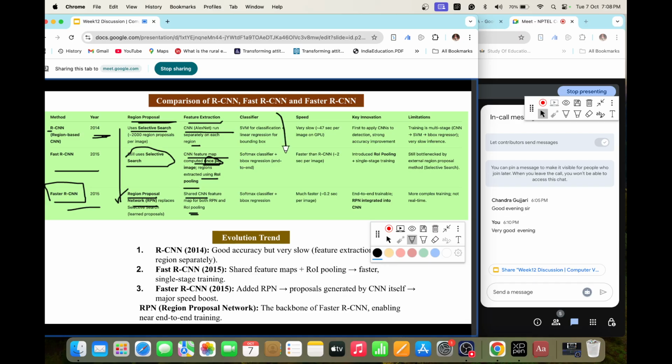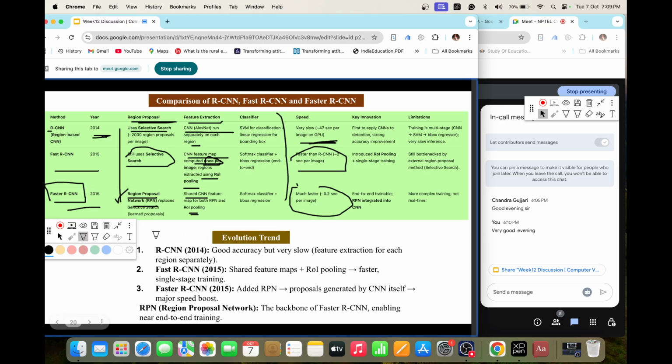For classification, first we use SVM, then softmax, and at last also softmax. On speed, RCNN earlier took 47 seconds per image on GPU, Fast RCNN 2 seconds per image, and Faster RCNN is reduced again about 10 times, that is 0.2 seconds per image. So that is the whole evolution, and I have also given the evolution trend.